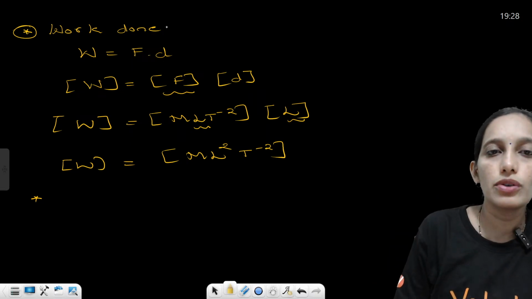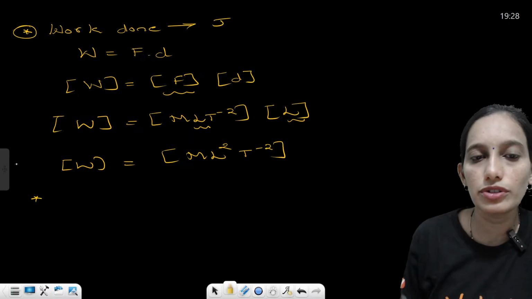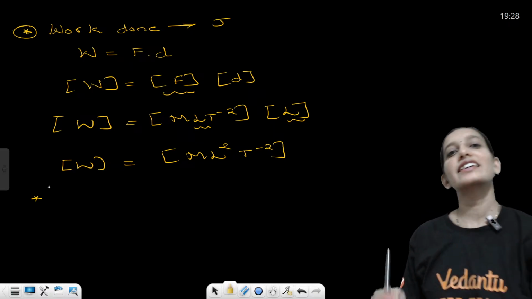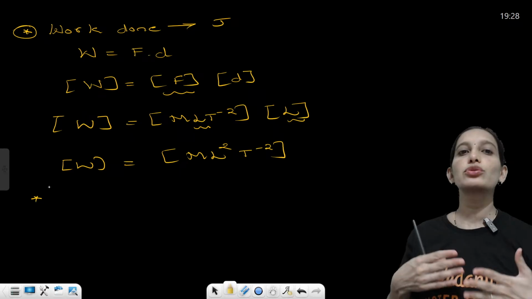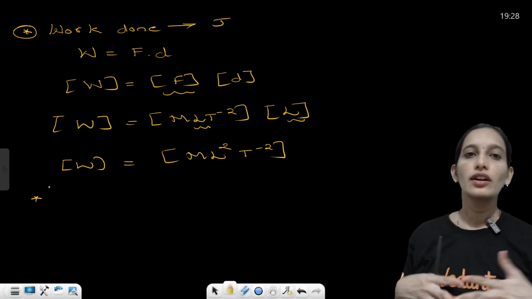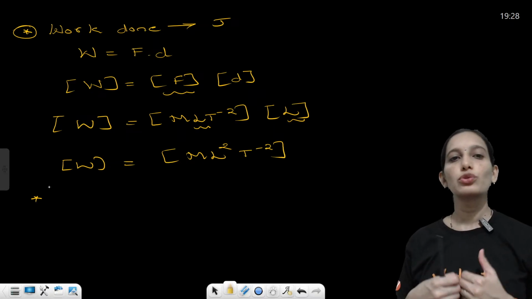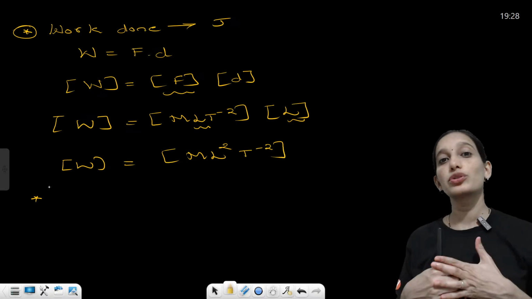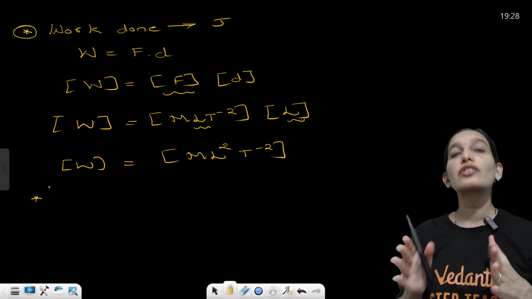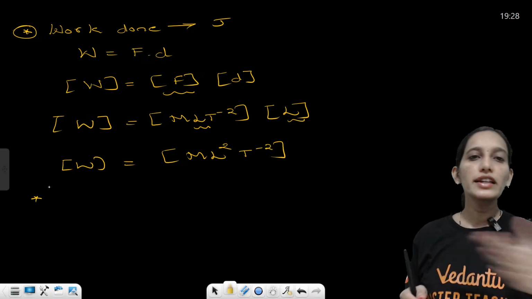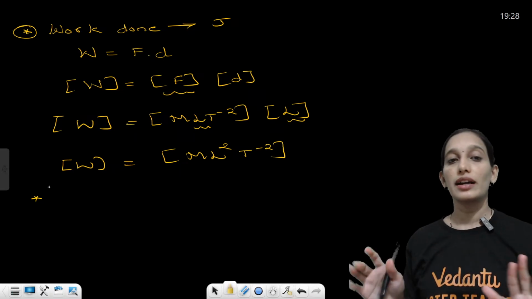And now we know that the unit of work done is joules, and energy is nothing but the capacity to do work. We know that definition from high school, right? Energy is the capacity to do work. Since its unit is also joule, they are going to have the same dimension. Many physical quantities can have the same dimension.